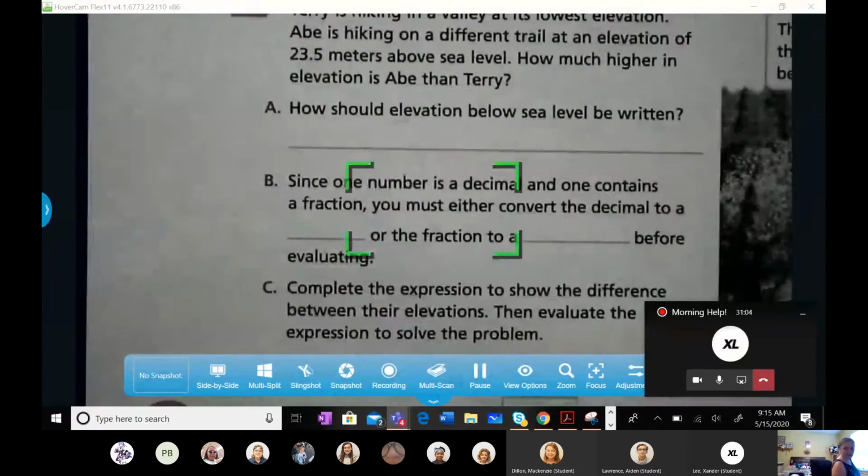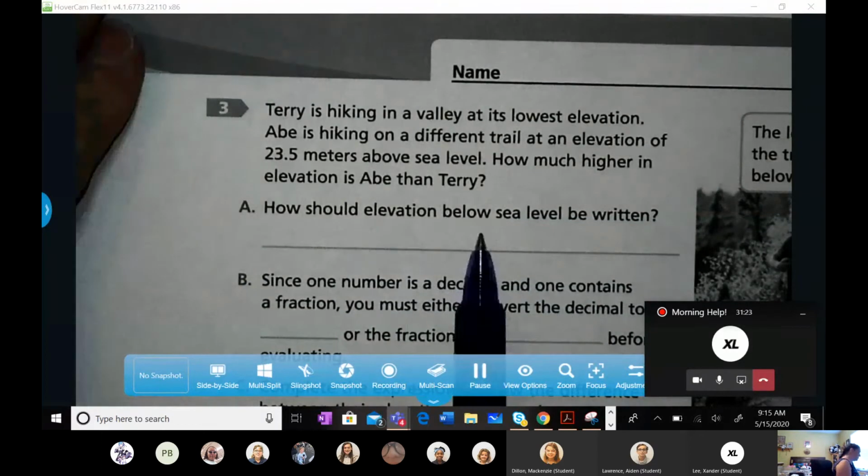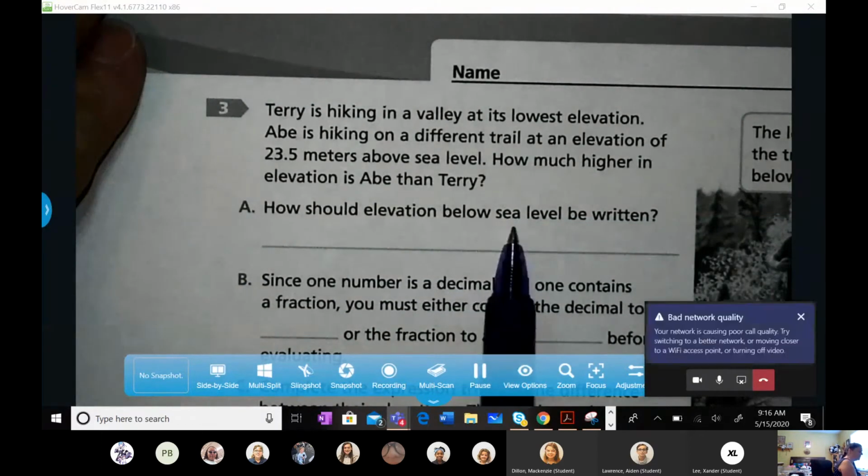All right, so let's look at the last one. It says Terry is hiking in a valley at its lowest elevation. Abe is hiking at a different trail at an elevation of 23 and 5/10 meters above sea level. How much higher in elevation is Abe than Terry? So we're talking distance on a number line. How should the elevation below sea level be written?